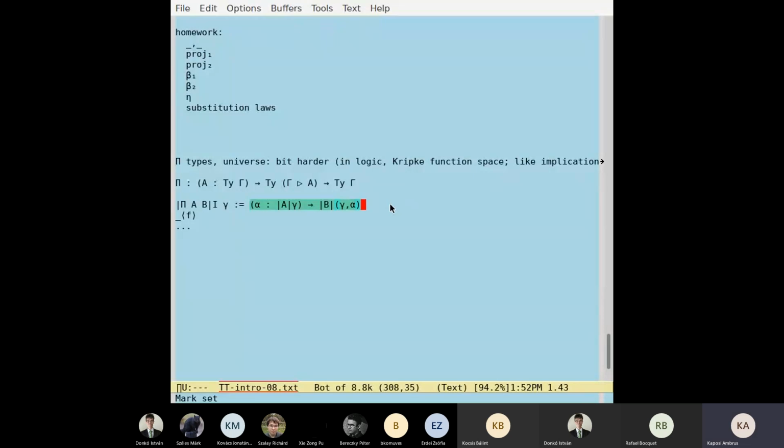Okay, so to convince you why this is wrong, we could give some counterexample. Or we can also derive the natural definition with some more advanced tools that we will probably discuss at the next seminar.